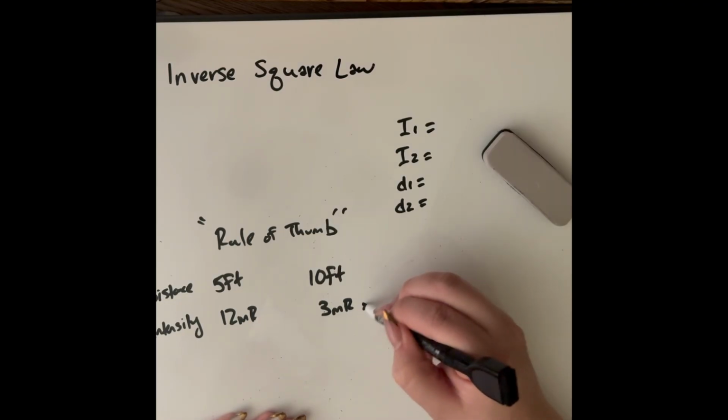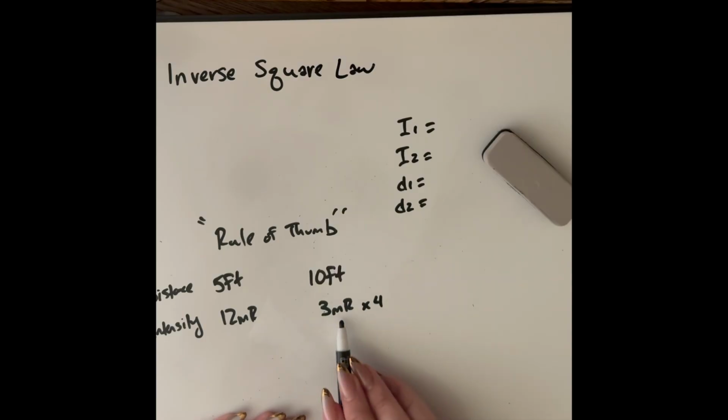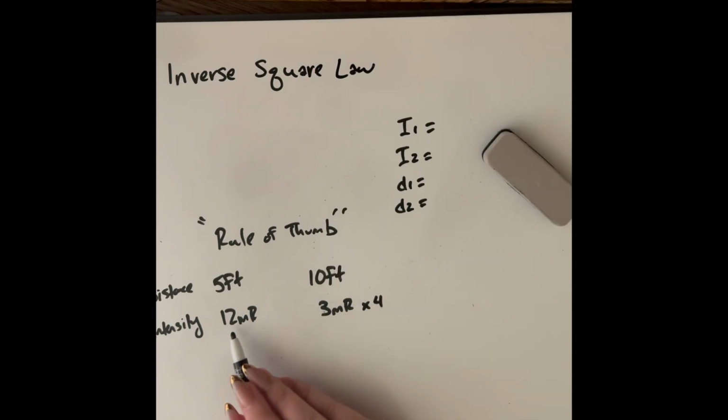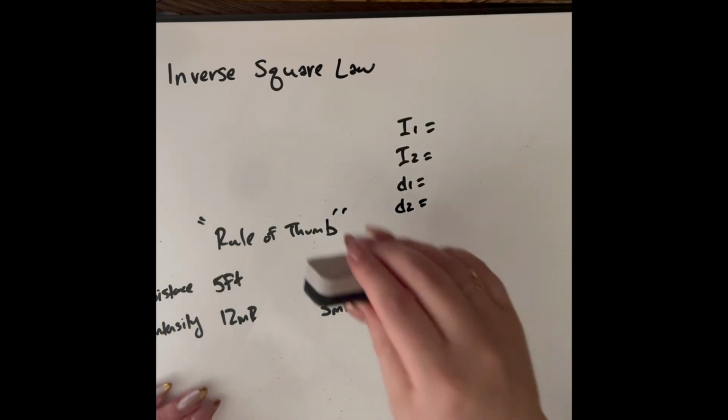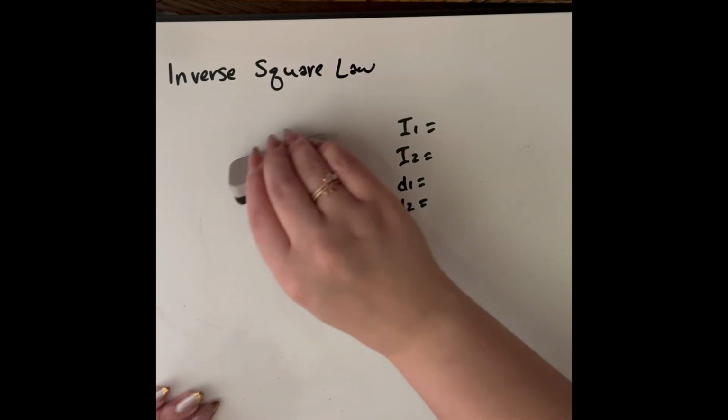So that means we would multiply our intensity by 4 to get our new intensity. So 3 times 4 would equal 12. So those problems on slide 14 follow that rule of thumb. So we'll practice one of those as well.